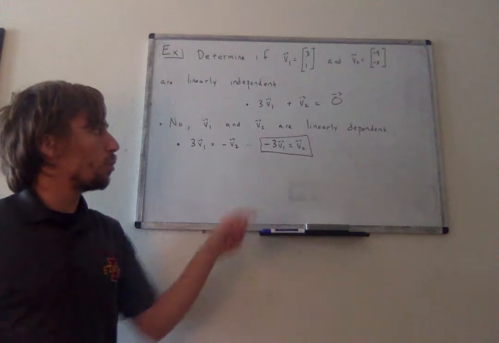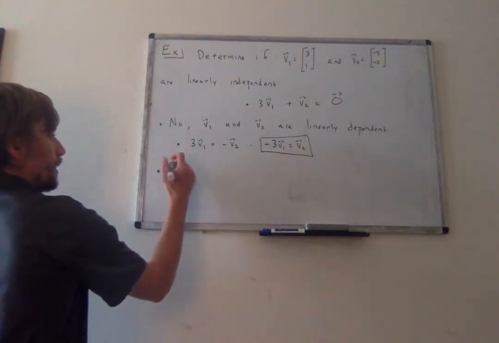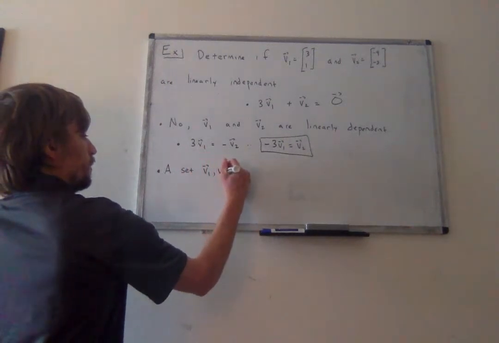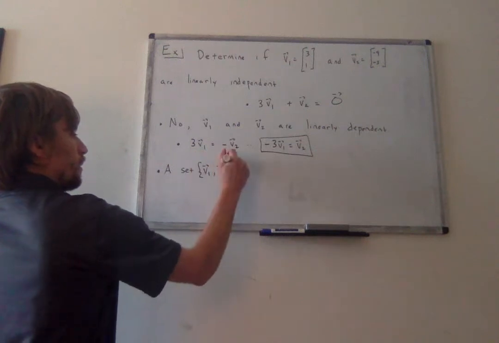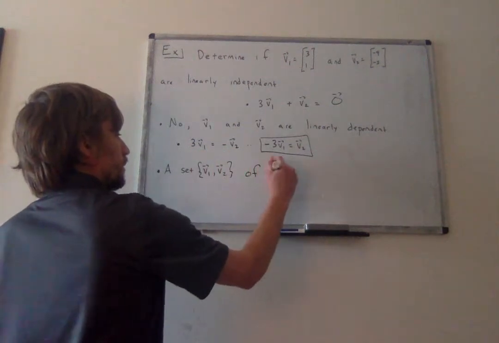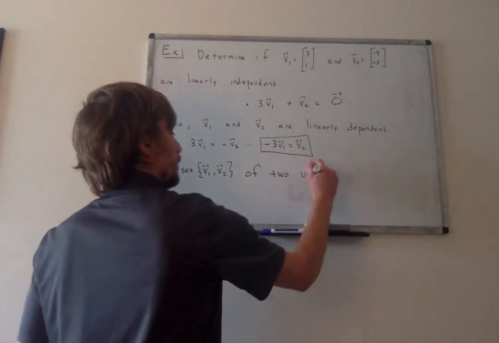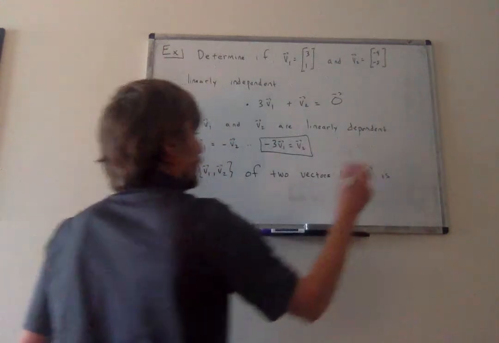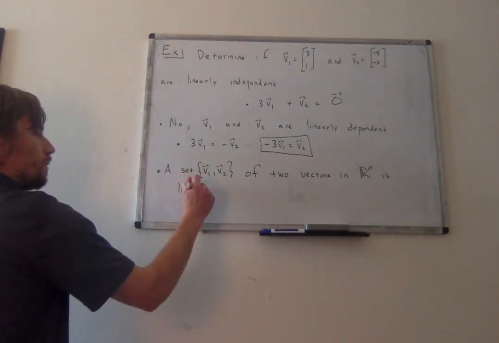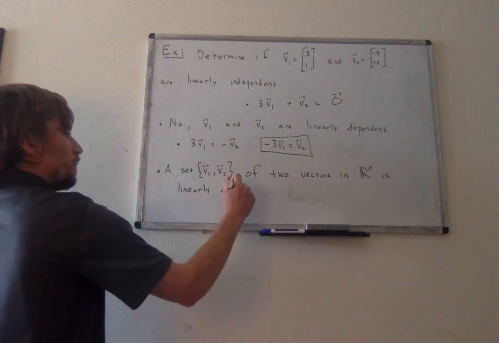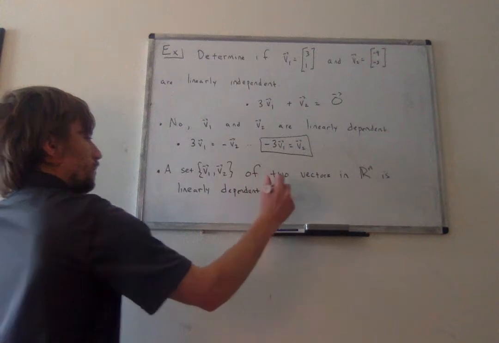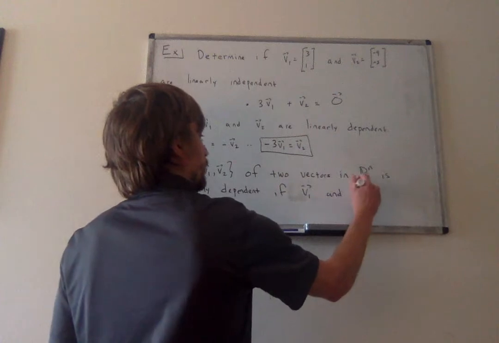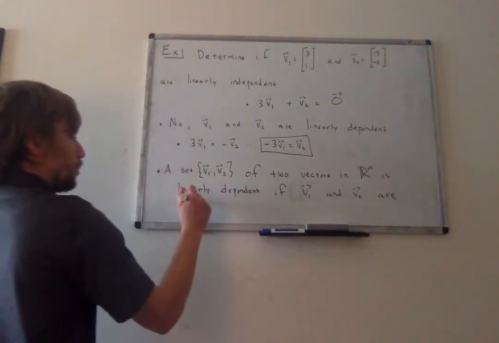But since there's only one other one, we can actually take this a step further and say that a set v1, v2 of two vectors in Rn is linearly dependent if v1 and v2 are scalar multiples of each other.